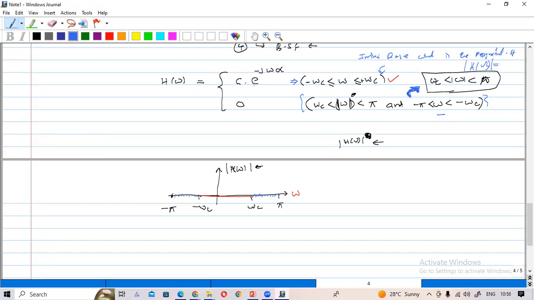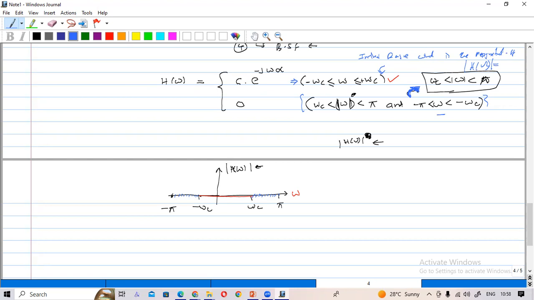Please tell me, that is very easy. What is the magnitude? In this range, omega is between minus omega c and plus omega c.